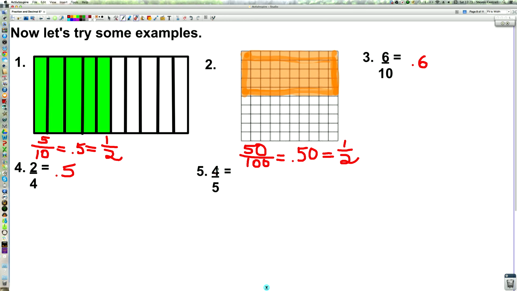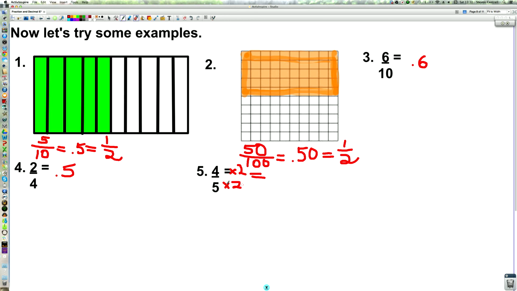Now, I can multiply this by 2 or 20. 2 is usually gonna give me where I want to go more quickly. If I multiply this by 2, I have to multiply the numerator by the same thing, times 2.